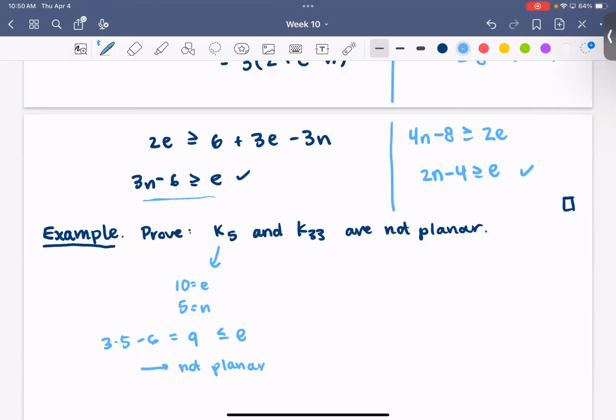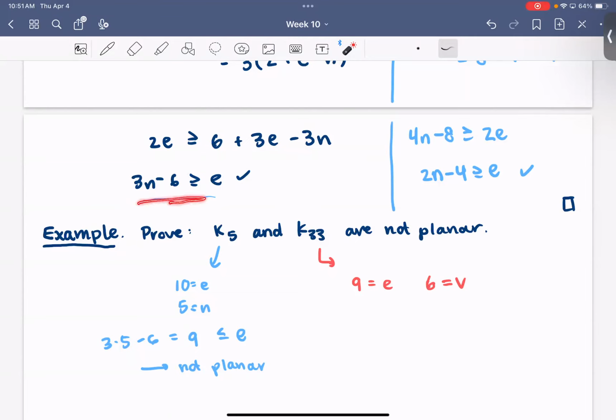Okay, and then what about K3,3? Yeah, 9 edges, 6 vertices. And then what happens if you try to do this inequality? It's fine if you do that one, so you need to do the other one.